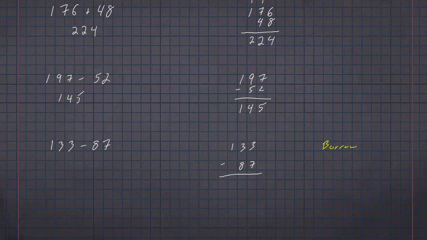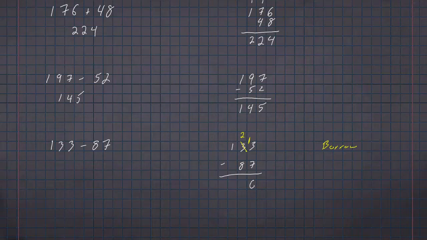So I use a process called borrowing. Take this 3, turn it into a 2, and borrow the 1. So I have 1, 2, 13 as the digits of the number instead of 133. And then I can subtract.